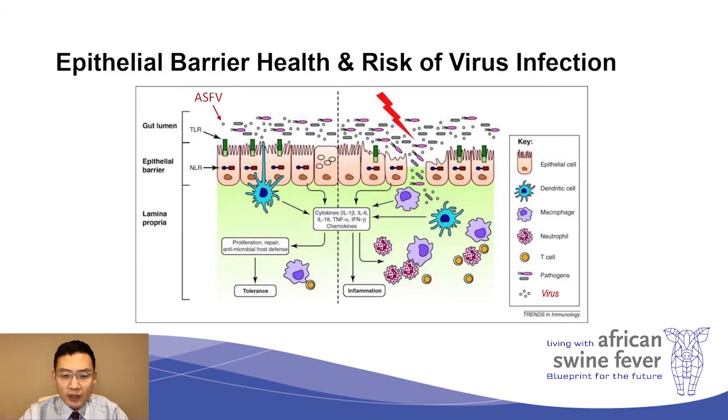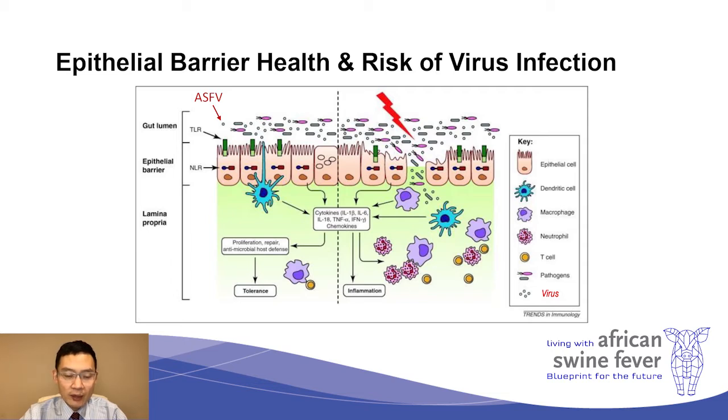This picture really illustrates the first point that I made on earlier slides, which is the importance of epithelial barrier health and its role in reducing African swine fever virus infections.